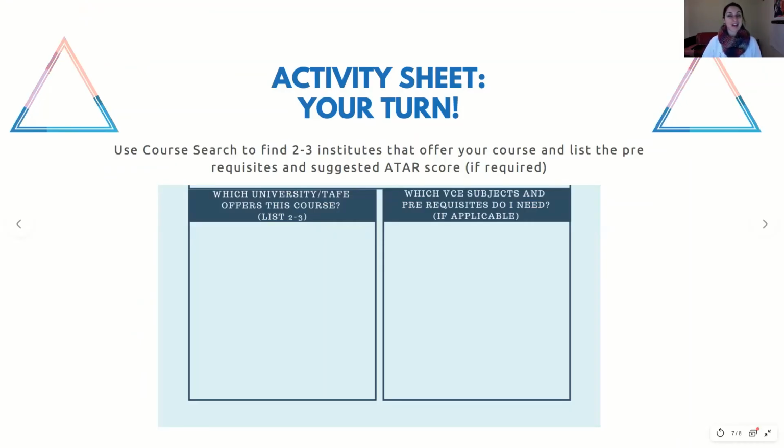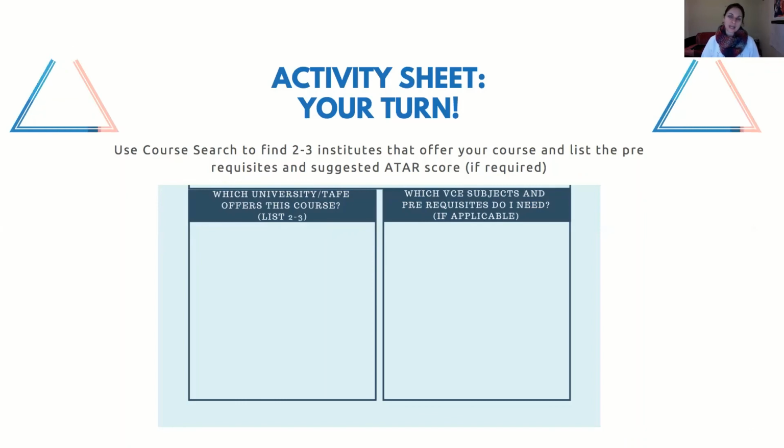Okay, so now it's your turn to do a little bit of research using the course search functions in order to find out a little bit more information about your courses. I would like you to complete this for at least 2 to 3 different institutes. Write down the name of the course you're considering, for example, business, which university or TAFE offers this course, so I had Monash and Deakin, and which VCE subjects and prerequisites you need.